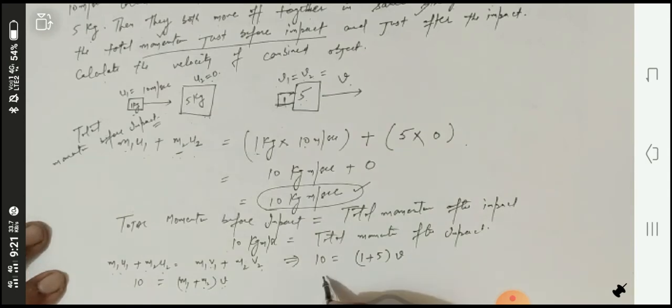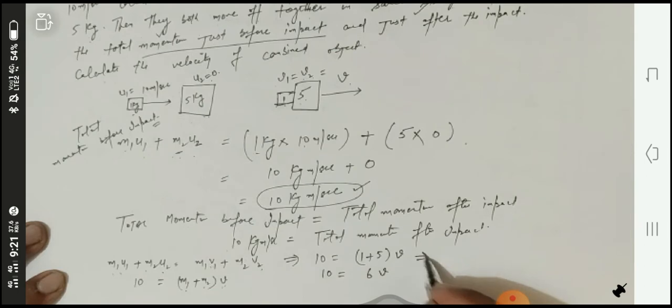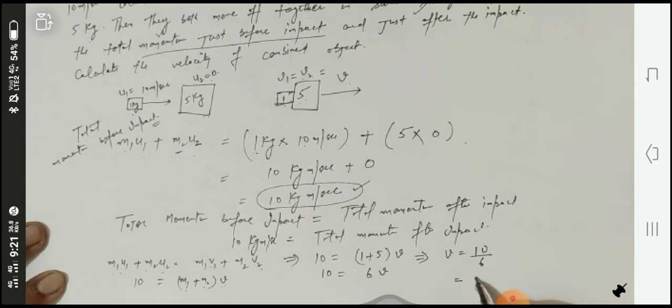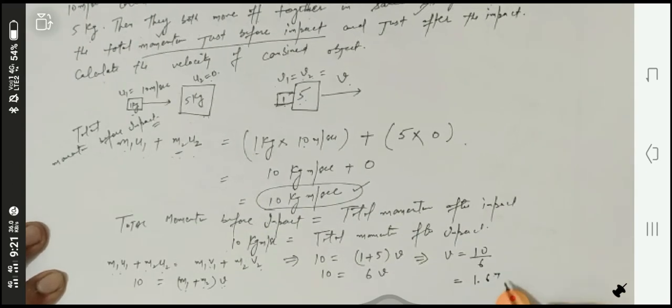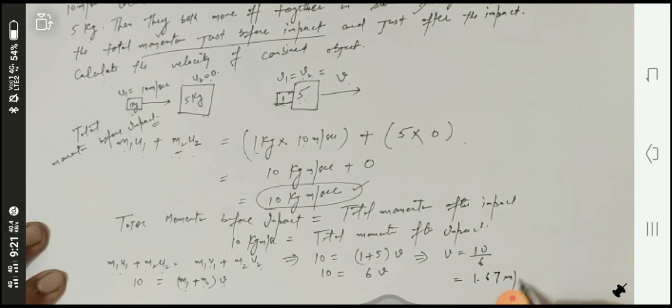So it becomes 10 is equal to 6v, or you can say v is equal to 10 upon 6, which is approximately 1.67 meter per second. Is that clear, everyone?